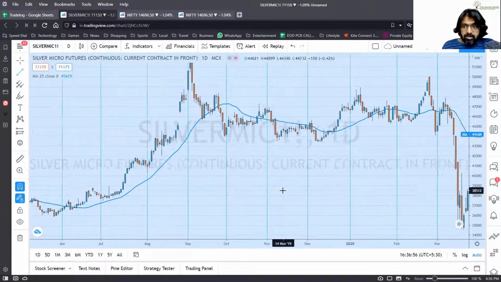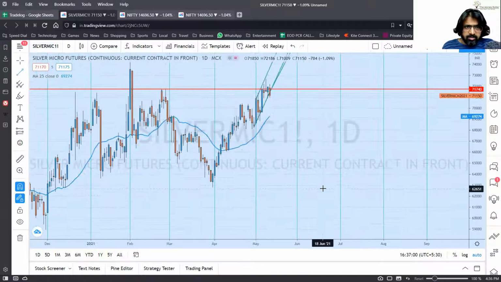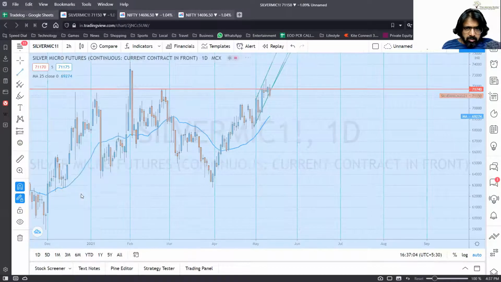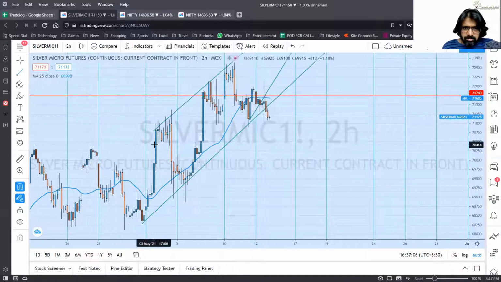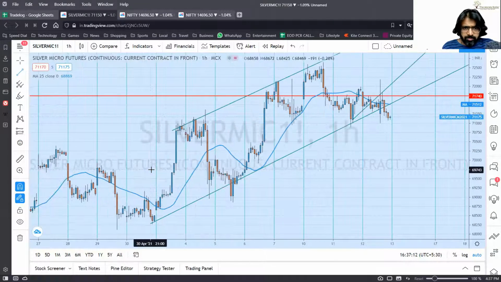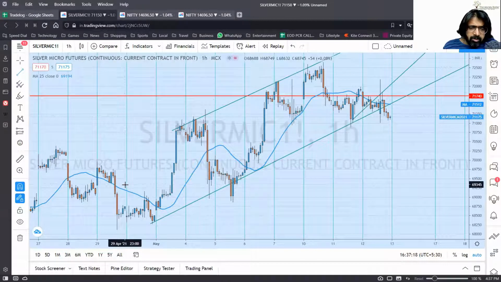So here I've loaded the silver micro chart. This is a live chart, and let me go on the 2 hour chart. Or let me go on the 1 hour chart. Yeah, this is more fun. So here you can see I've drawn a channel, and I also have a particular moving average here which I am using.